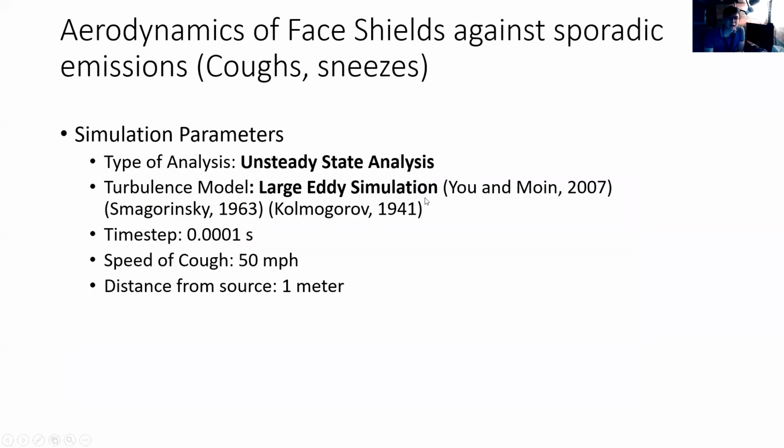For the simulation parameters, the simulation is an unsteady state analysis. When dealing with unsteady state analysis, we'll also consider the transient effects, for example eddies. The other term for eddies is unsteady vortices, vortices that have a time period of existence.